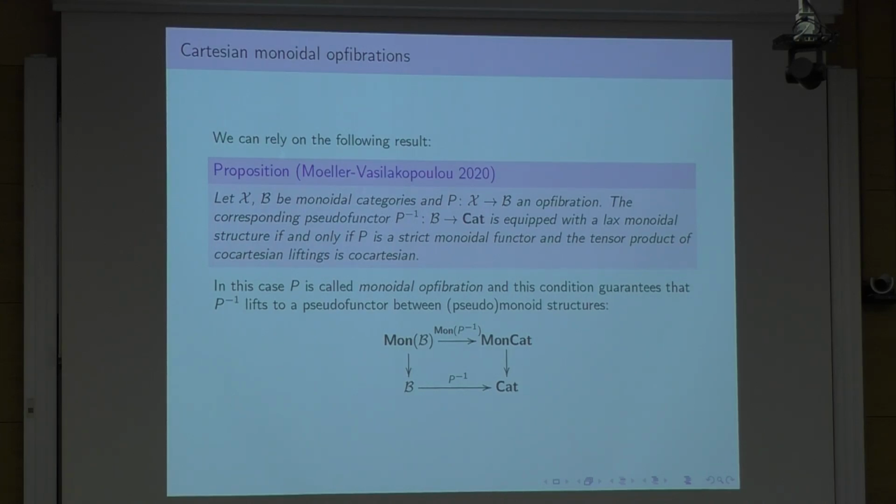Which means that you can have a pseudo-functor between the monoidal objects into B and the monoidal objects into Cat, pseudo-monoidal objects into Cat, which are exactly monoidal categories.